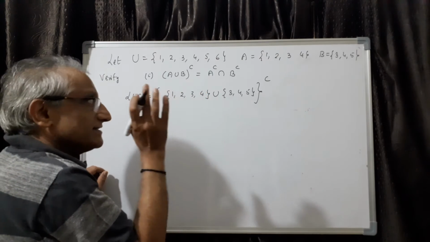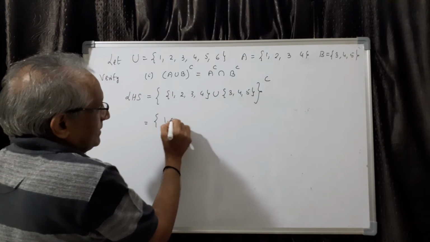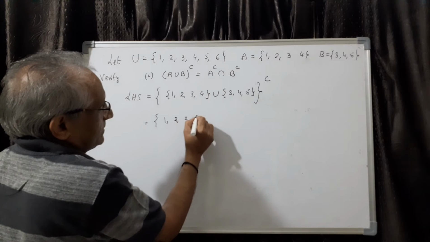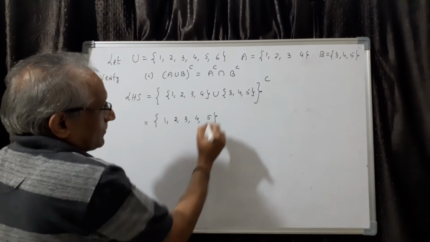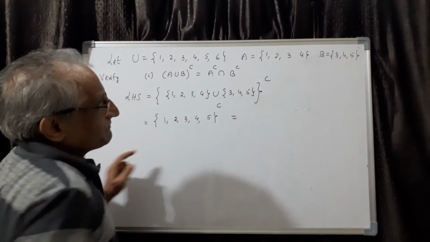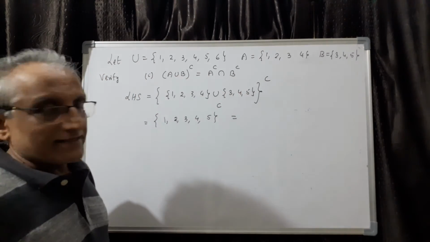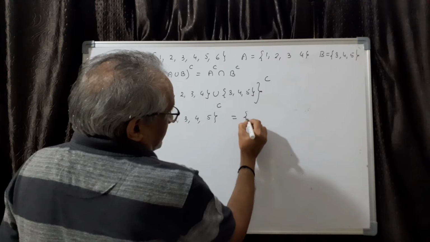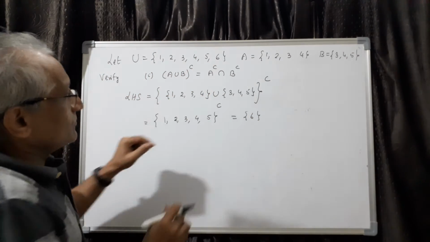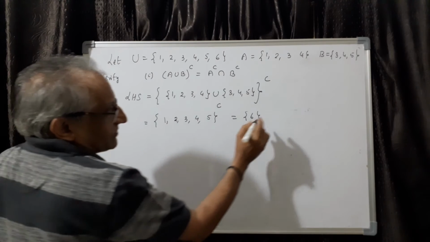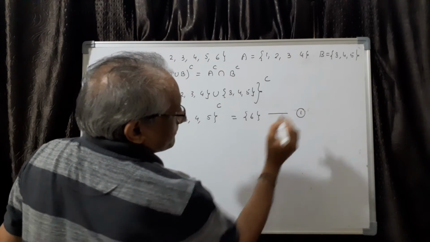If repetition is there, that we can avoid. So I take 1, 2, 3, 4, then 3, 4 already written, 5. Now its complement I have to take outside. So what is this one? This is definitely 6. So whatever is not here, that I write.